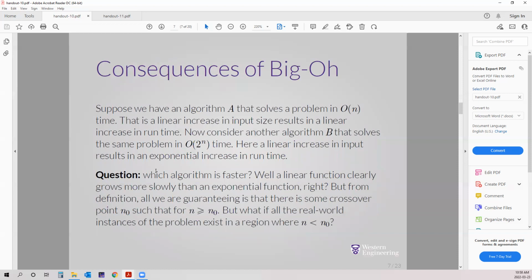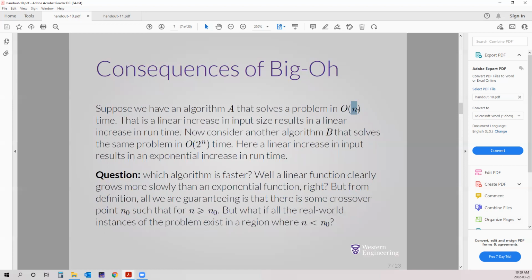What are the consequences of using big O notation as a running time complexity? Suppose that we have an algorithm, we call it A, that solves a problem in big O of n complexity. f(n) equals big O of g(n), which is n itself.